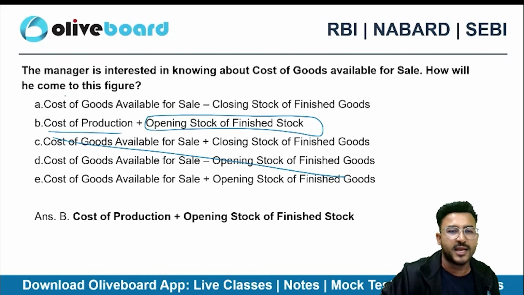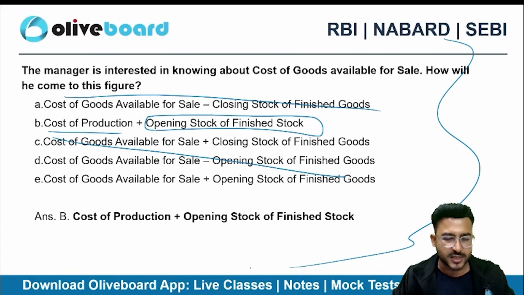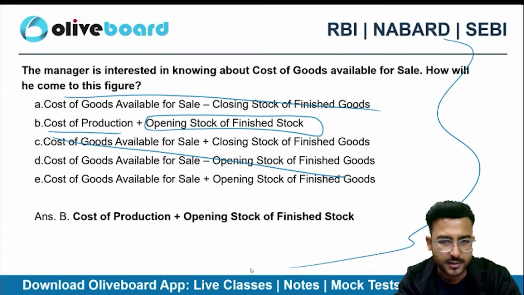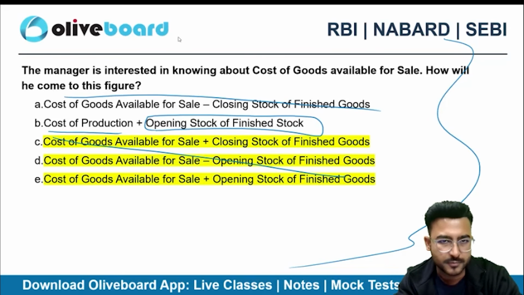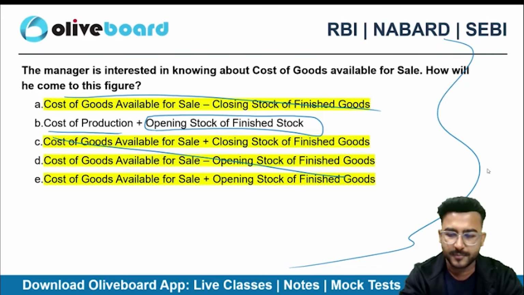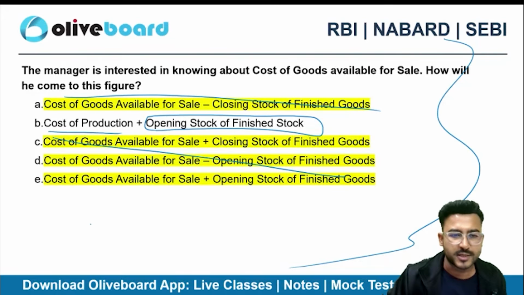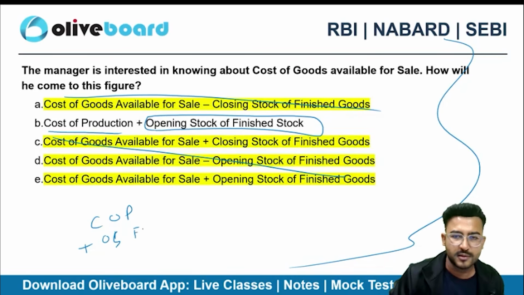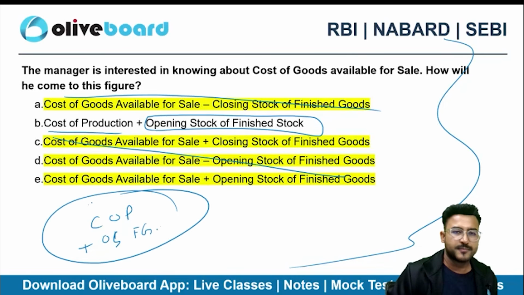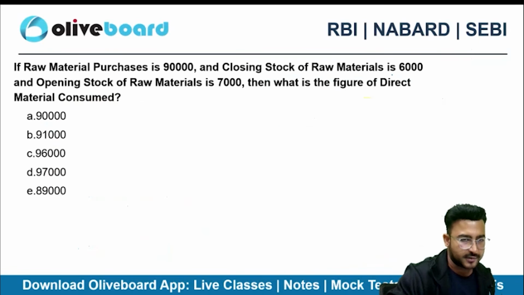I can easily eliminate all the options in one go, right? So I need to change this question. I'm marking it. The options are not very well defined. I'm just marking it, right? The options can be much better. So what is the cost of the goods which is available for sale? It is your cost of production plus whatever opening stock you already have in your finished goods. That will be your cost of the goods which is instantly available for sale, right?